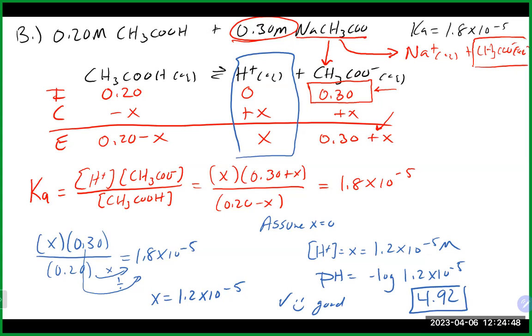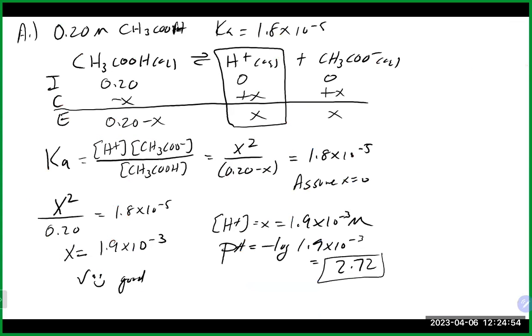And to answer your question, we see the difference when we compare the two H plus values, right? If we look at the H plus value from the first part, where we did not have any common ion to start with, it was 0.0019.